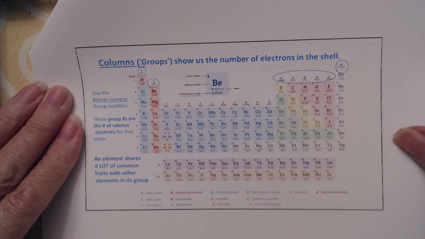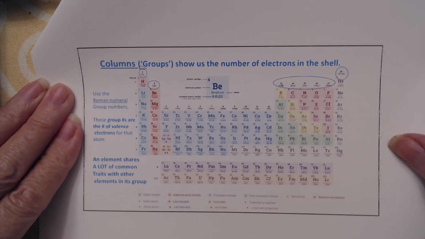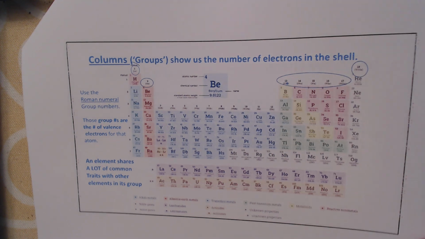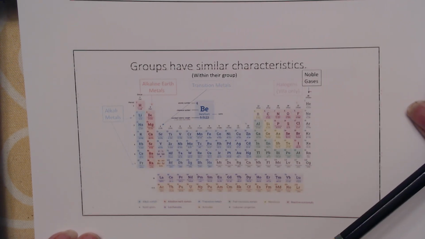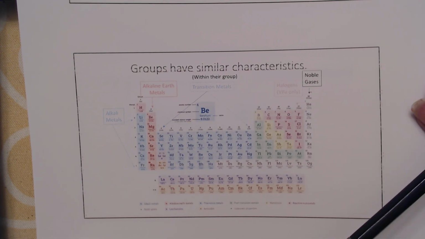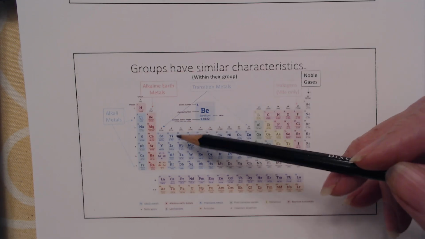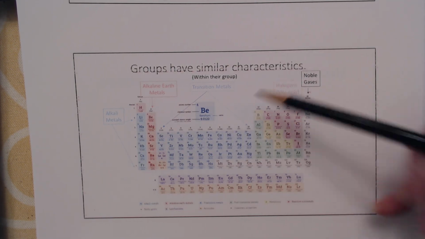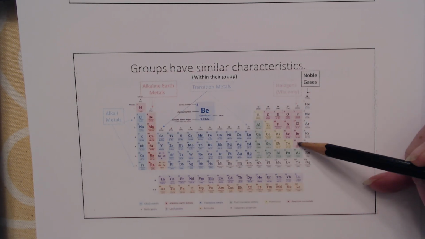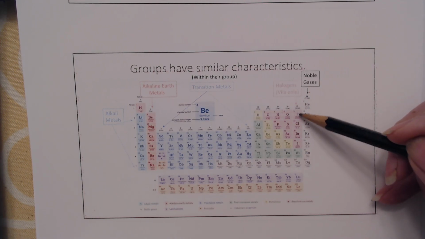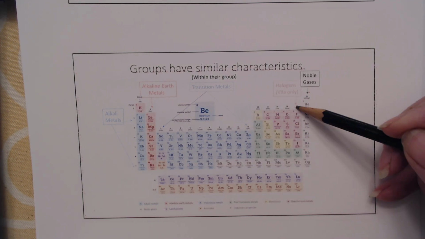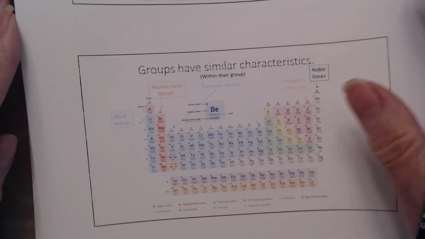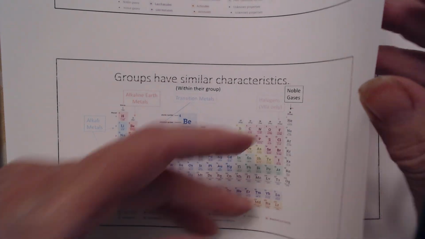I've already covered this. Okay, but let's go down then to similar characteristics. We've already talked about that pretty much, about the columns and then the colors. Both have great meaning. So if you're asked about the similar characteristics, you're going to look within the group and within the column to find the ones that are the most similar.